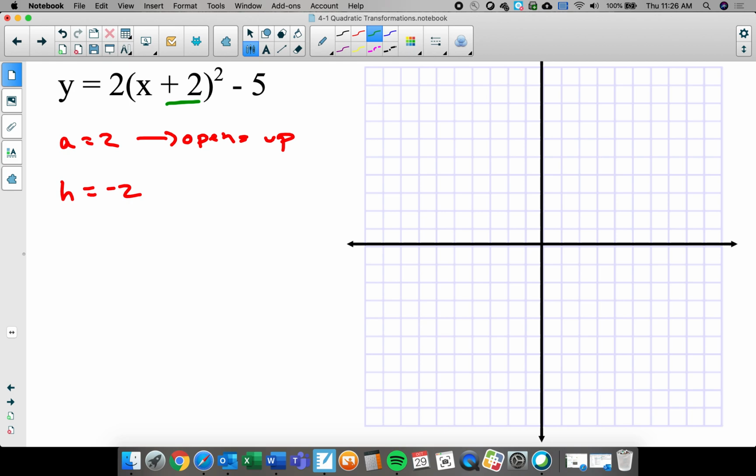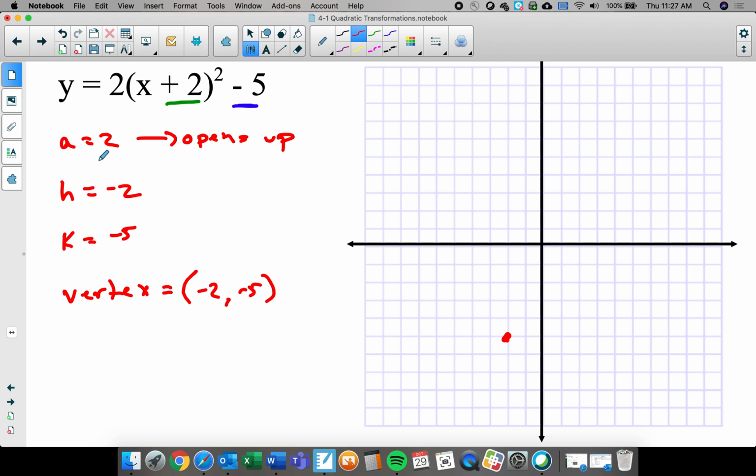It looks like there's a plus 2. Horizontal is always the opposite. And k in this case is negative 5. That is always the same. Your vertical shift is always the same as what it looks like in the equation. Which means, if I put those two together, the vertex of this parabola is the coordinates negative 2, negative 5. So I can start by plotting that point. Negative 2, negative 5, there's my vertex.